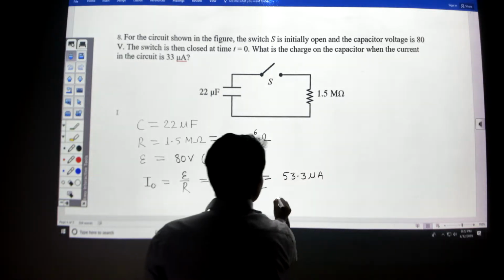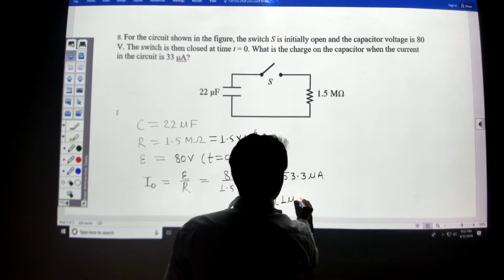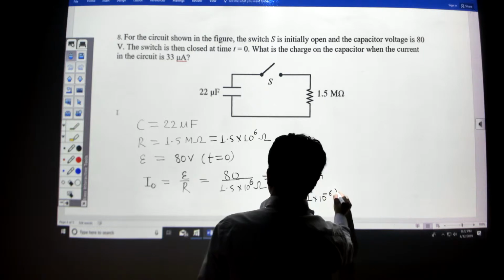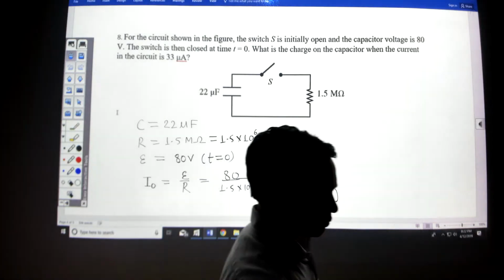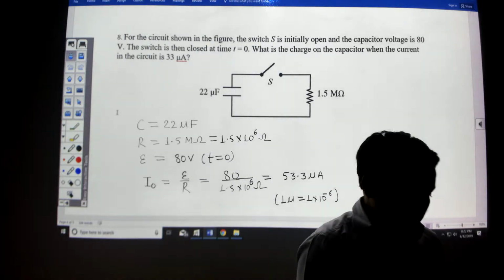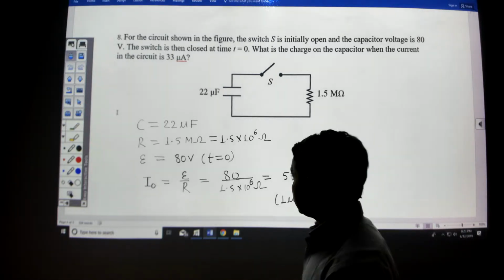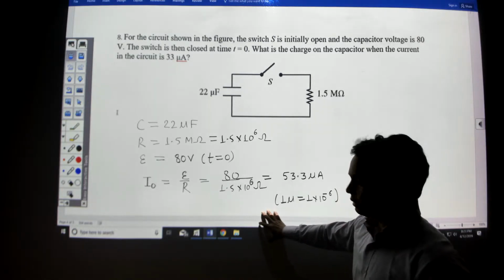Remember, 1 micro is 1 times 10 to the negative 6. We find out this is the initial current.